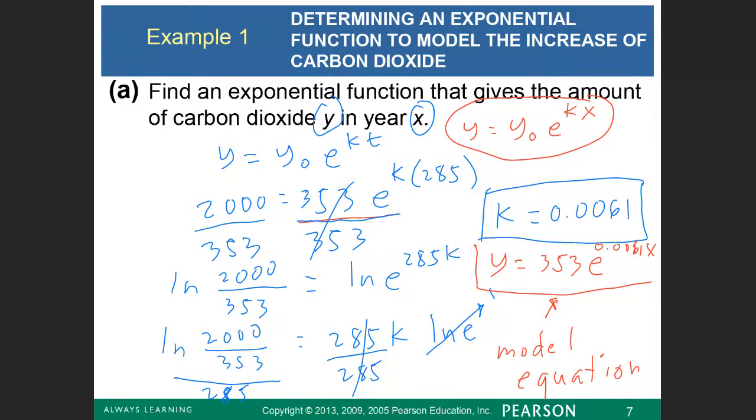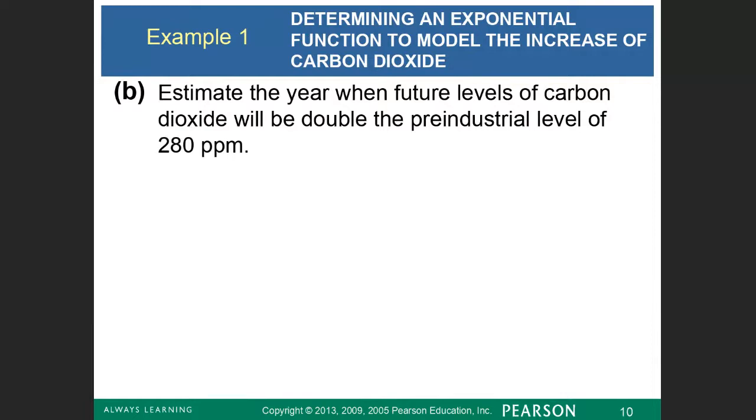So for letter B, it says estimate the year when future levels of carbon dioxide will be double the pre-industrial level of 280 ppm.